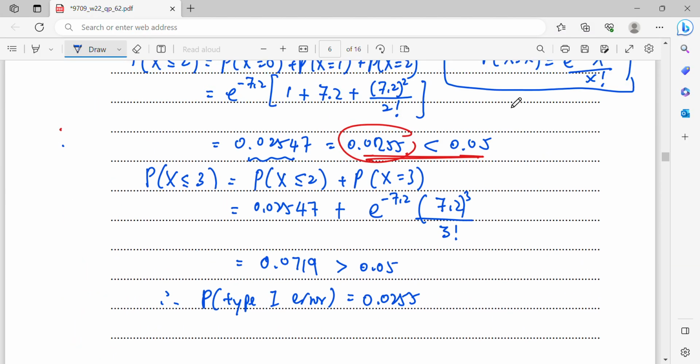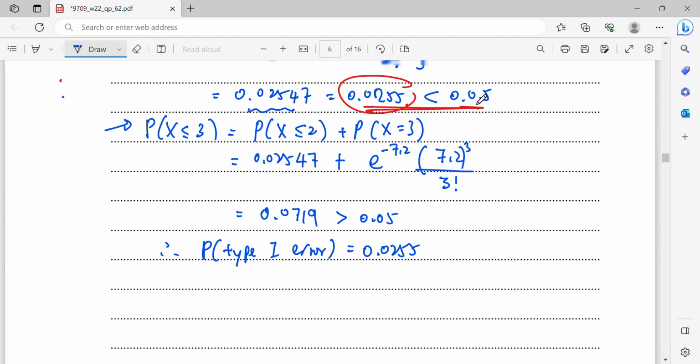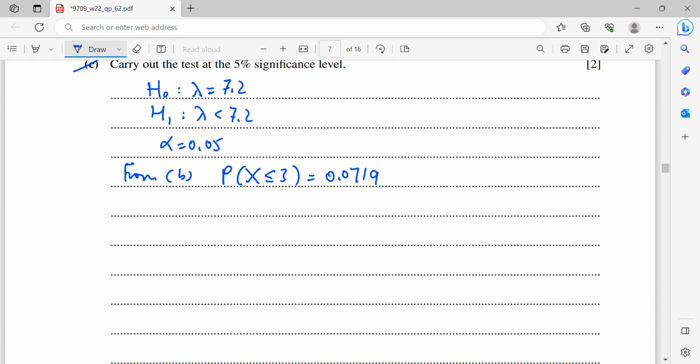Then from the previous calculation, exactly 3 faults are found. We have done the calculation here, which is 0.0719. So from part B, P(X ≤ 3) is 0.0719. Right? And this probability is greater than 0.05.